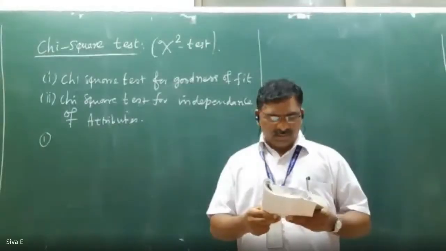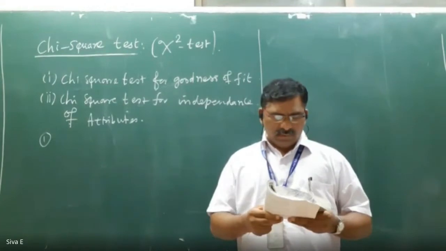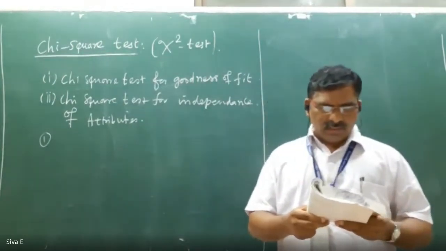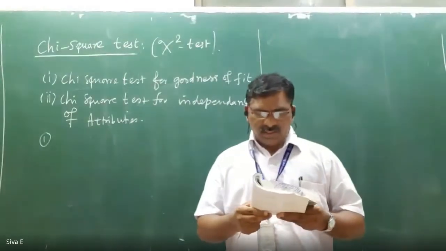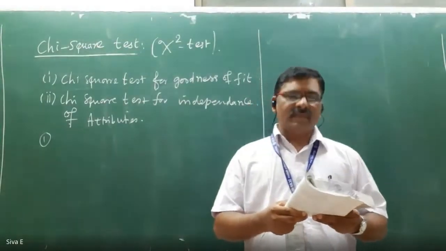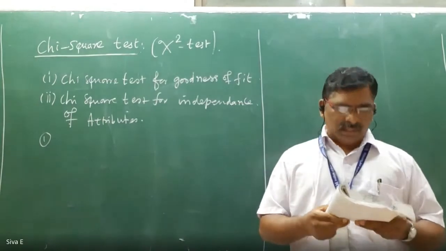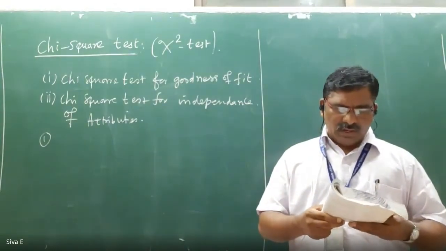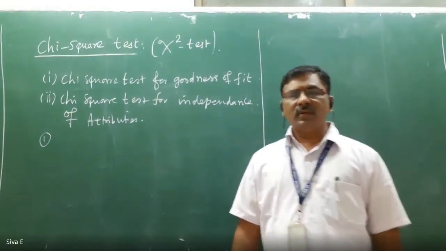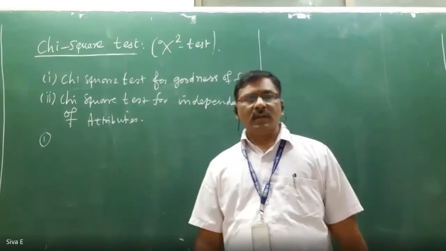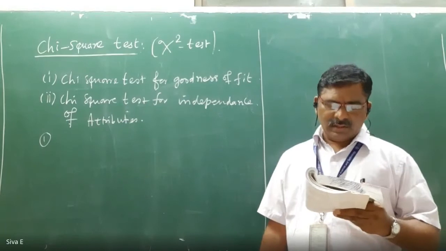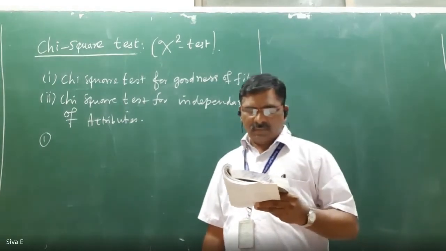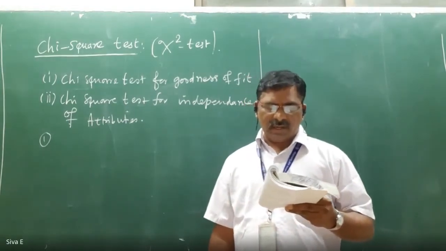The chi-square test is used to test whether the two attributes are associated or independent.